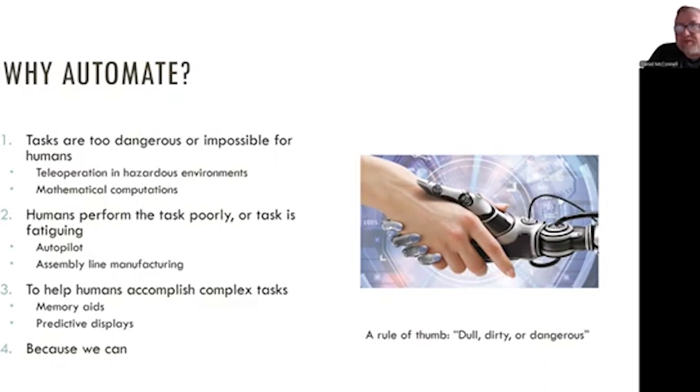Teleoperation is a fancy way of saying remote control, right? That involves things like unmanned aerial vehicles, AKA drones. That's a form of teleoperation in a hazardous environment as well, because if those are used in combat scenarios, then instead of sending planes with human pilots in them, you send drones, and that minimizes risk to your human pilots.